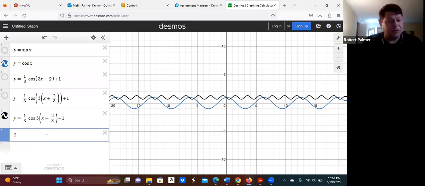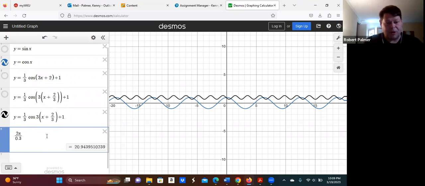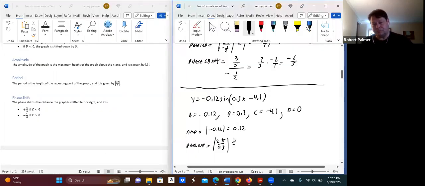So to do pi, just type 2 pi divided by 0.3, and that's approximately 20.94. Okay, and these are radians, about 20.94 radians.